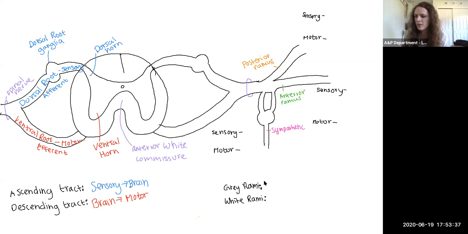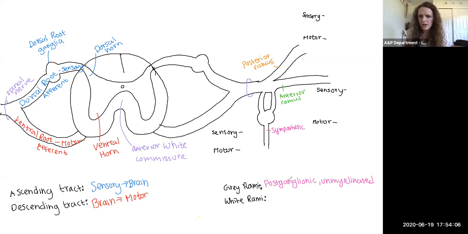So the gray rami is postganglionic, and it is unmyelinated. So here's your ganglion. If your gray rami is postganglionic, it means that it's going to take information from your sympathetic nerve and take it towards your spinal nerve.